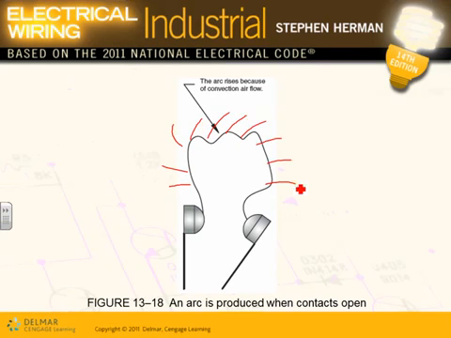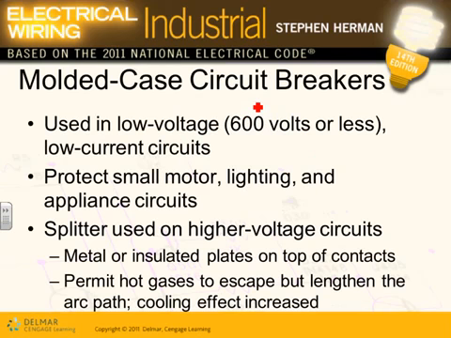Getting rid of this arc becomes the job of the designers of circuit breakers. If you don't get rid of this arc fast, your circuit breaker is going to open and melt in the process. So they have different ways of getting rid of this arc when they open the circuit breaker. Big deal. You'll see them in a second.